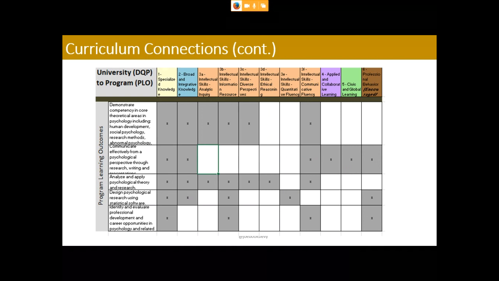So that's showing, even though these are very specific program learning outcomes for the program, how they connect to these larger outcomes. Not necessarily the assignments.